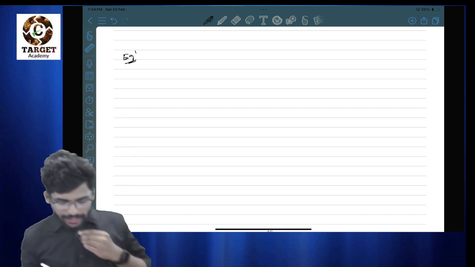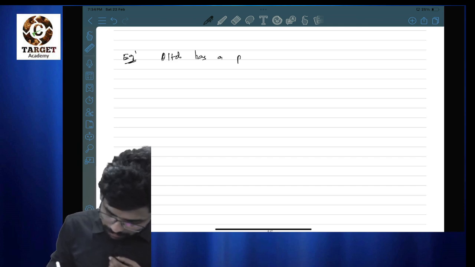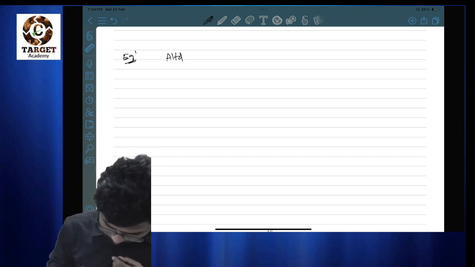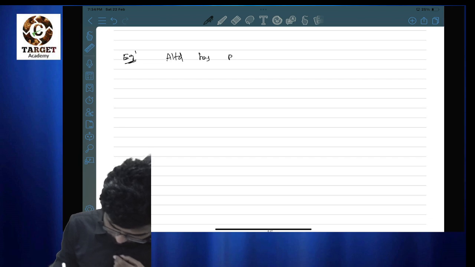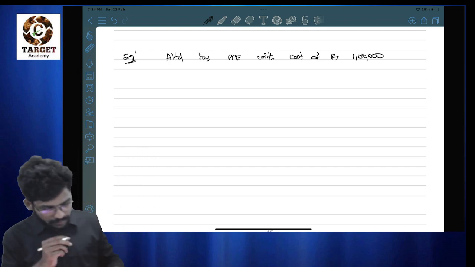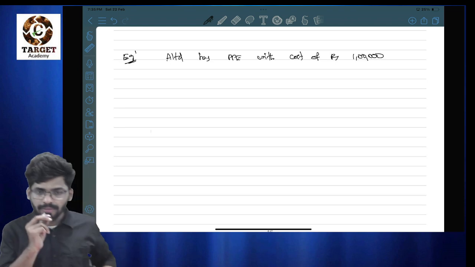Suppose, example: A Limited has PPE with a cost of rupees 1 lakh. A Limited has PPE with a cost of rupees 1 lakh.